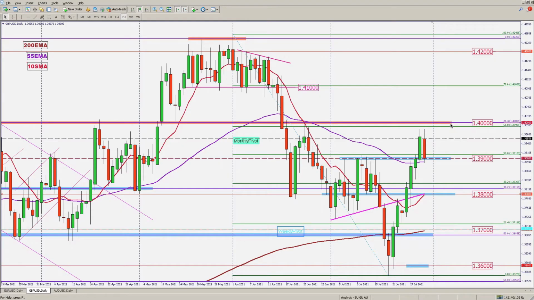So this is going to be the very critical resistance zone. This is also now the intermediate support zone.